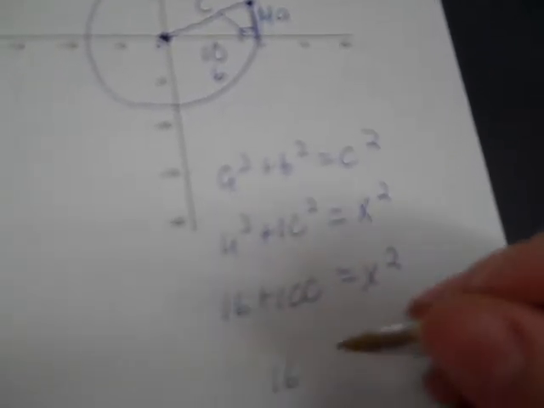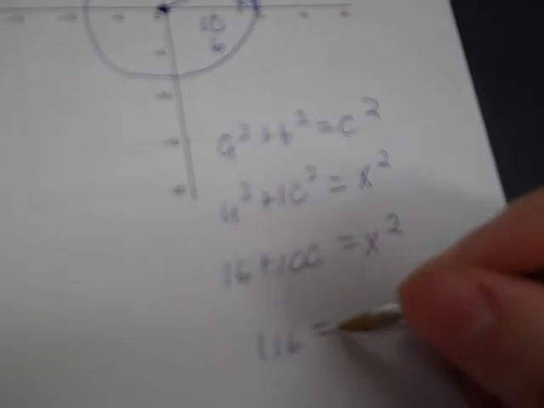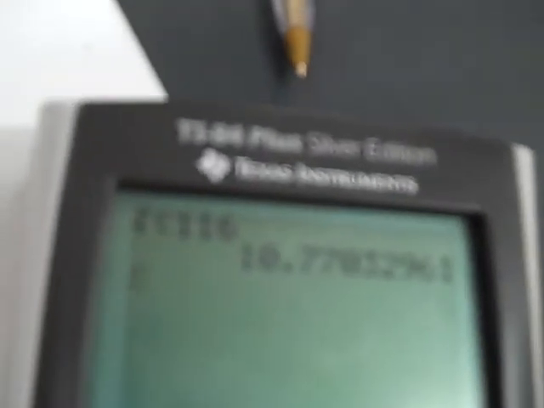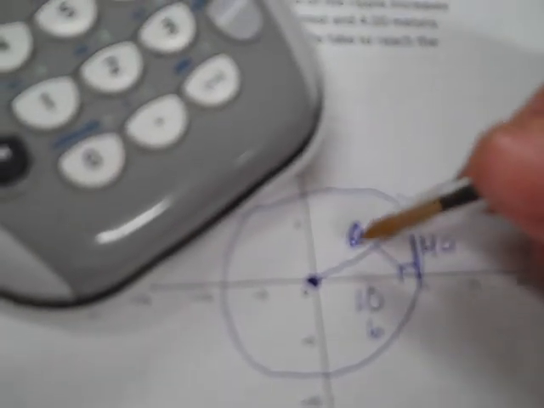That's going to be 116. And I got to find the square root of that. And that's what she was talking about yesterday, of how the Pythagorean theorem also does the radius of a circle. Okay, 10.77. So C is 10.77, and that's my distance from here to here.